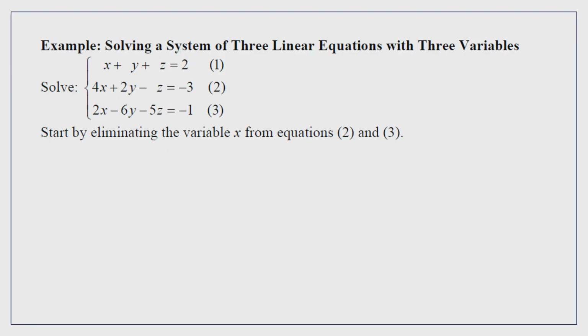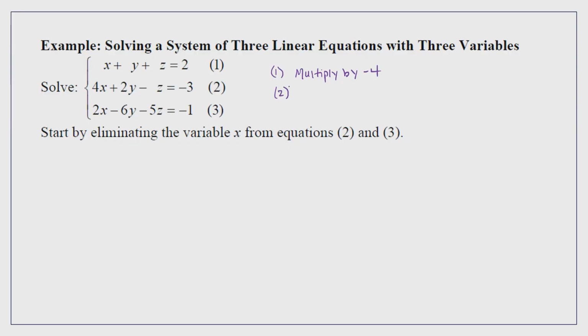So this is going to be done in 2 steps because we add only 2 equations together, not 3. The first thing I'm going to do is multiply equation 1 by -4 and then add it to equation 2.